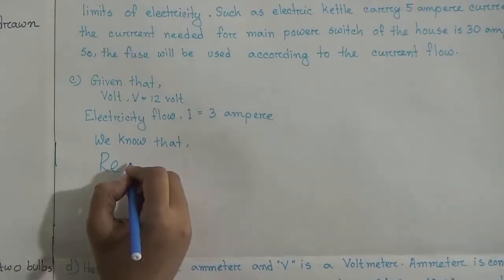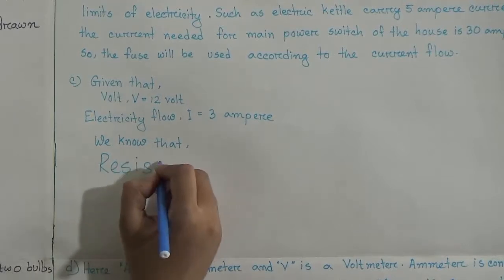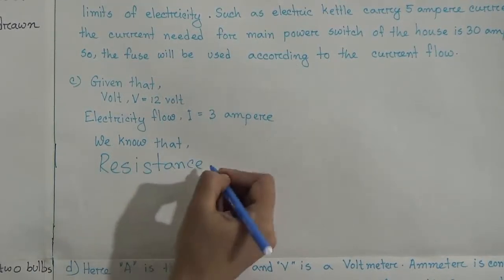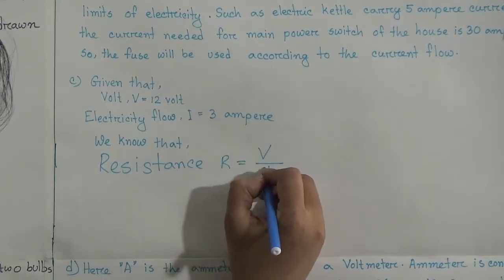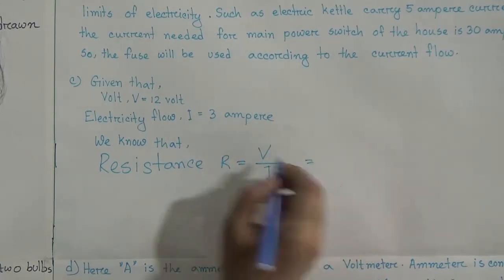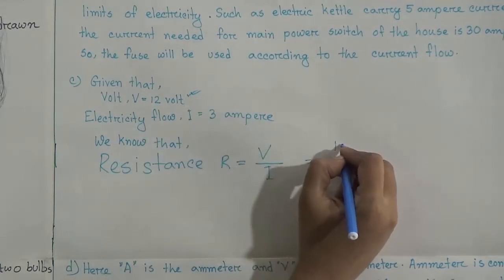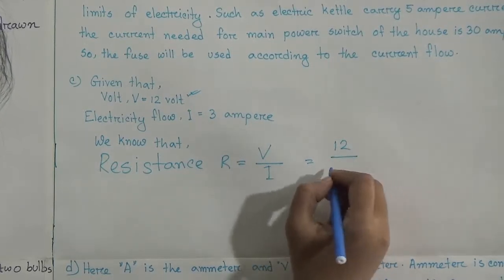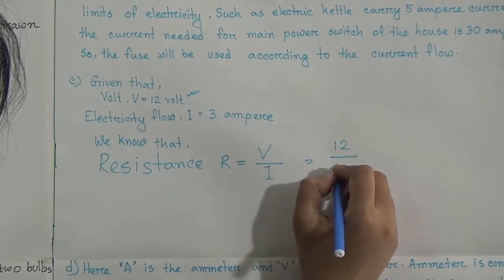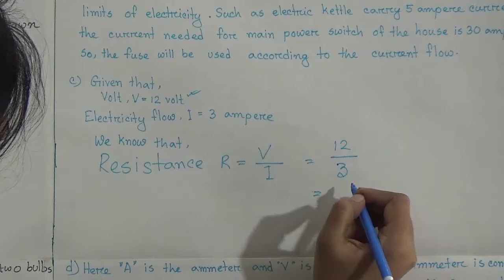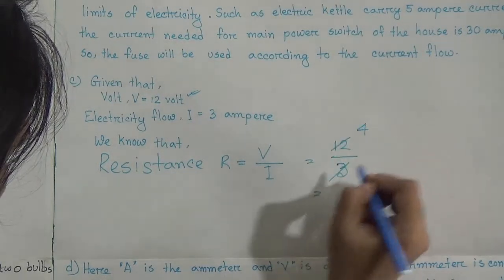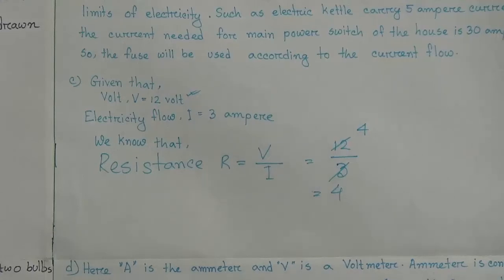We know resistance R equals V by I, where V is 12 and I is 3. That means 4. That means resistance is 4.